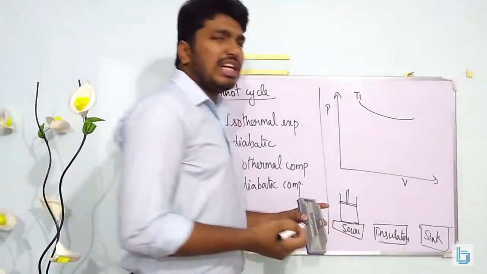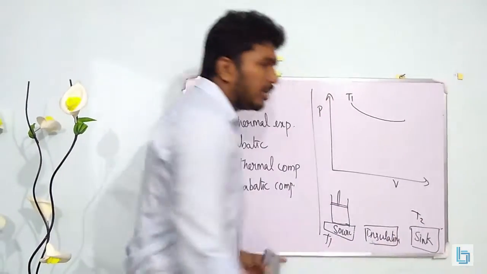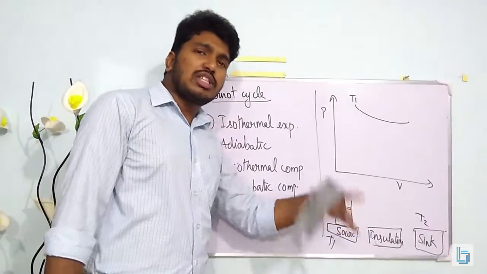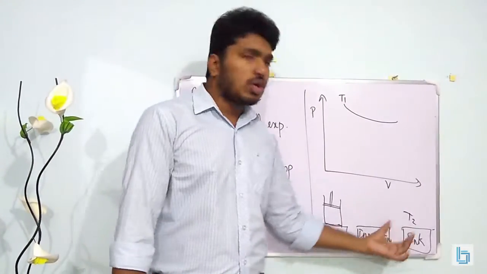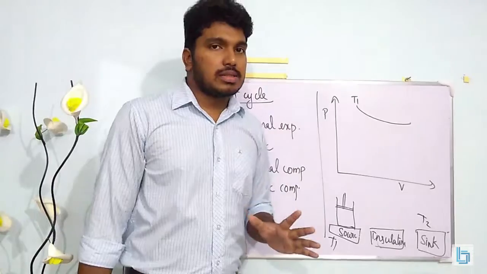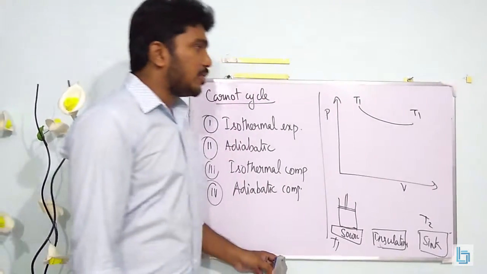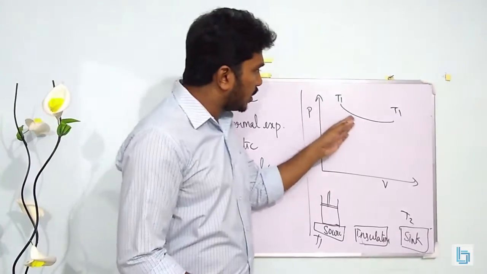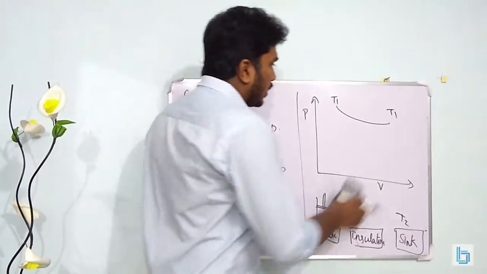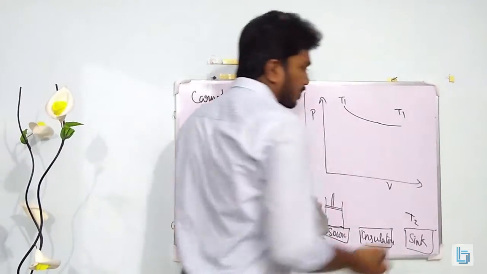Normally we denote the temperature for the source as T1 and the sink as T2. Do remember that. When we learn a refrigerator also, the T1 and T2 representation remains the same. That will be useful when you do the questions. As you can see there, the pressure decreases and the volume is increasing. That's the first step.